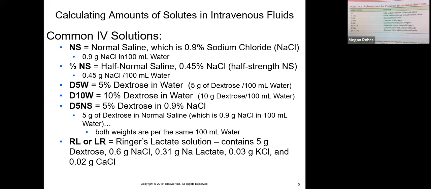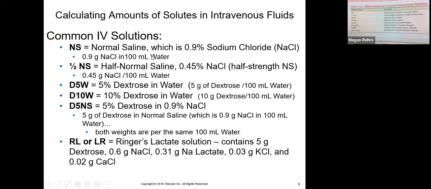Anytime we would want to write a percentage and a fraction, we would just take this number, 0.9, and put that over 100. Now, your IV solutions are going to be weight per volume measurements. So here we see there's 0.9 grams of sodium chloride in every 100 mils of water, or in the 100 mils of that solution.